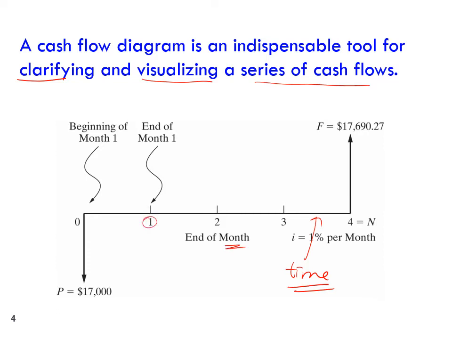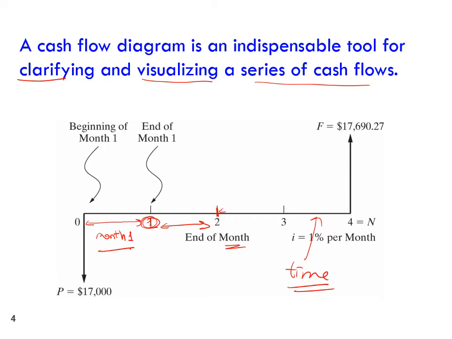So this is the end of first month, and this period over here is the month itself. So this is month 1 actually, and the end of month 1 is represented as a point on this time axis. So this is month 2 and this is the end of month 2. End of month 2 is the beginning of month 3.